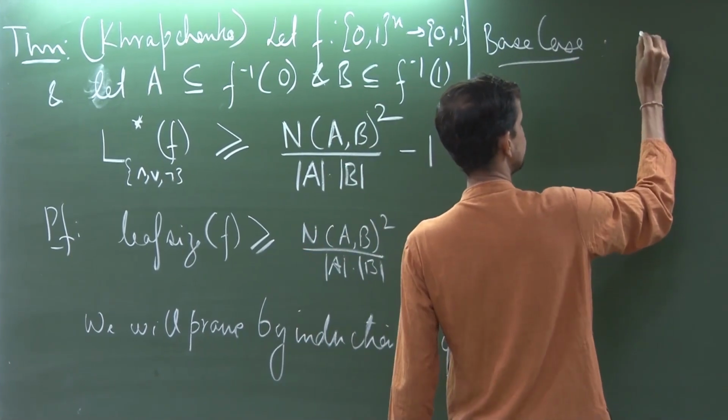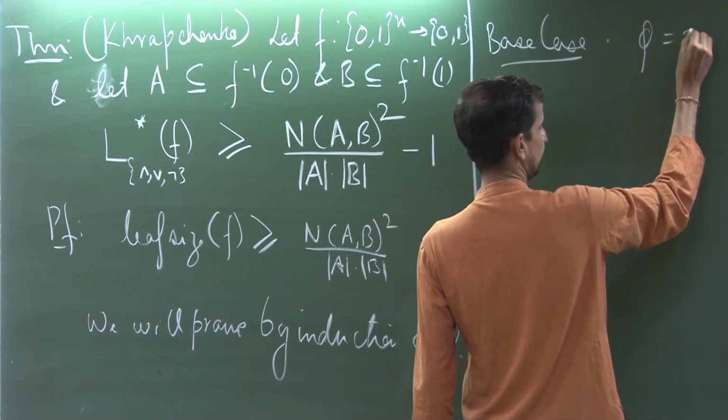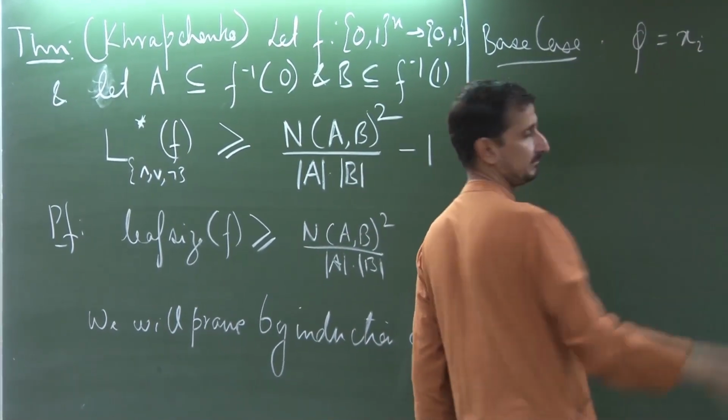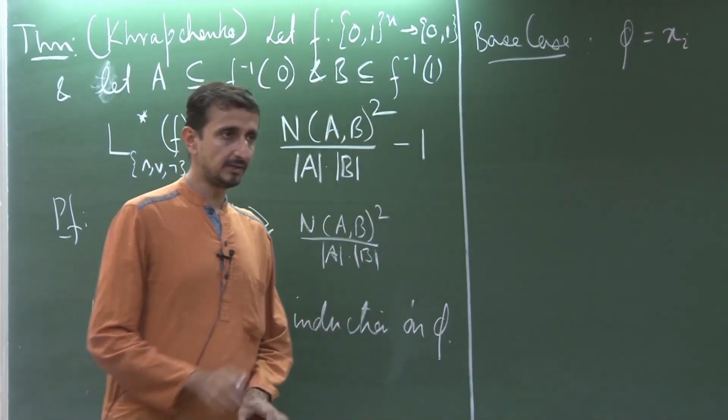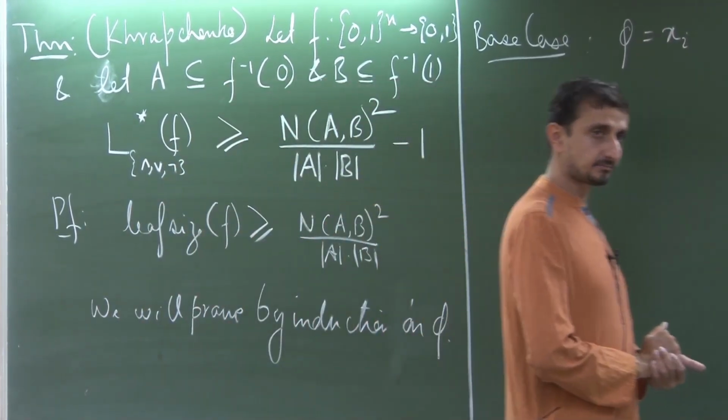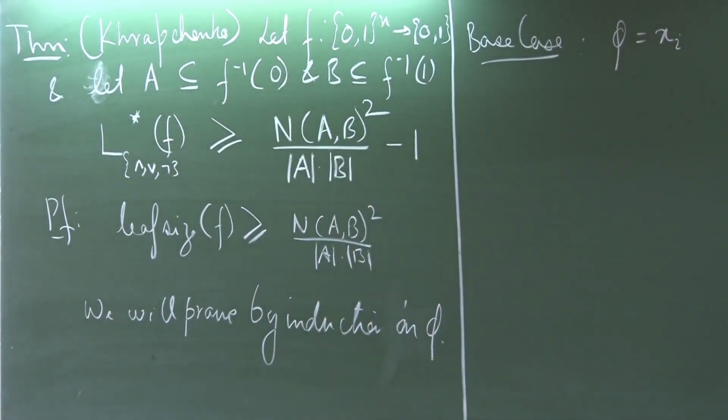The base case is when phi is a single variable x_i. It does not have any gates. So, what does this mean?